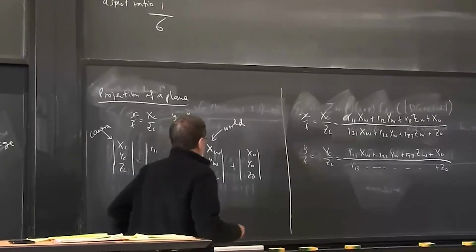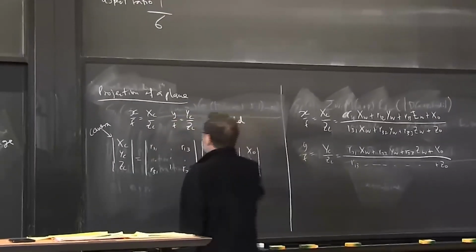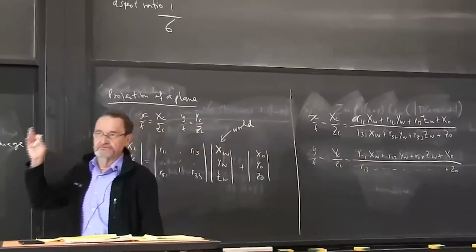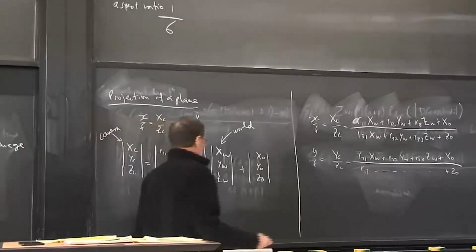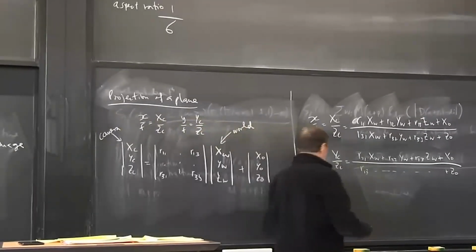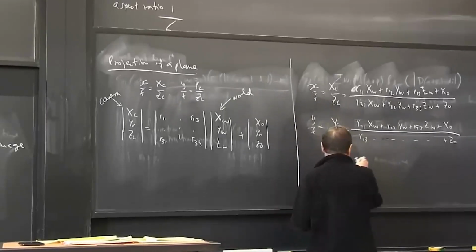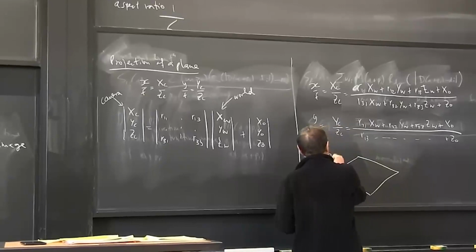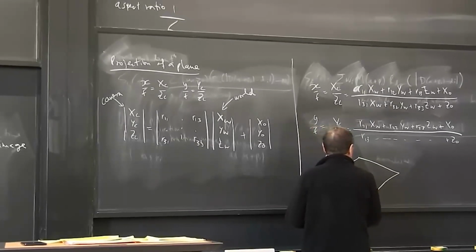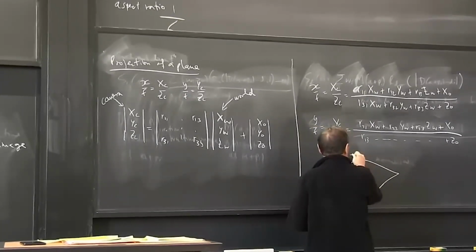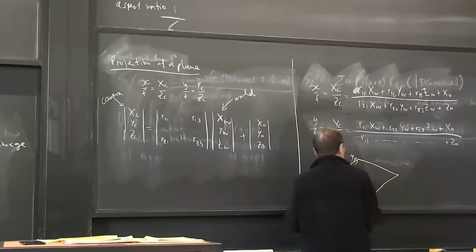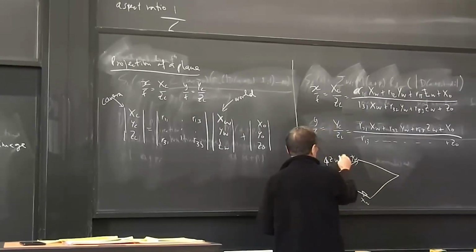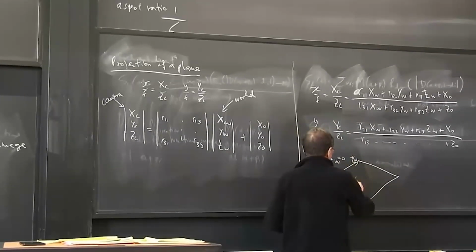But I want to look at the particular case where the thing we're looking at is planar. And that means that we can erect our coordinate system in that object. Here's our planar surface. Rather than pick some arbitrary coordinate system, let's pick one where z is 0.